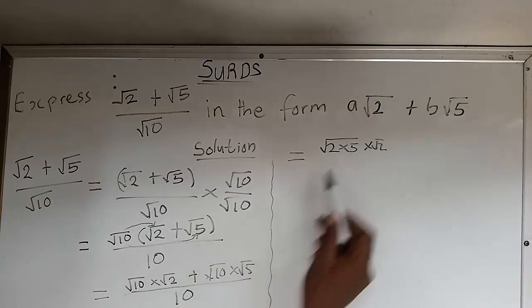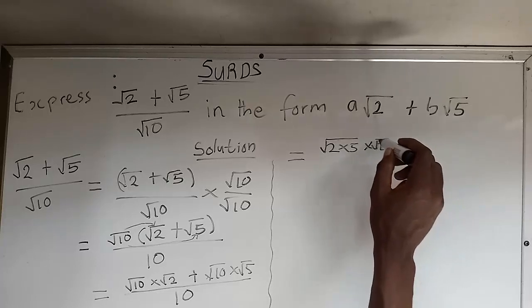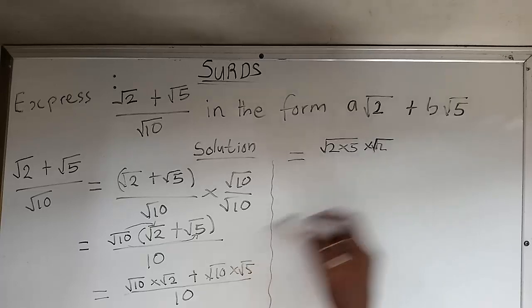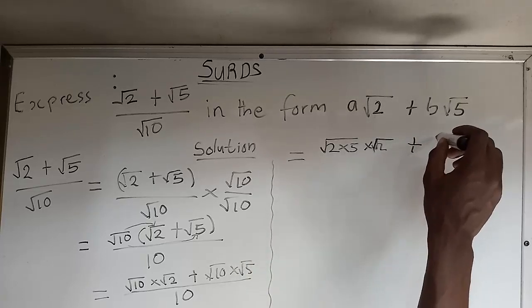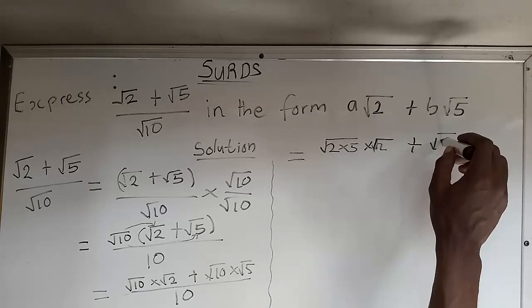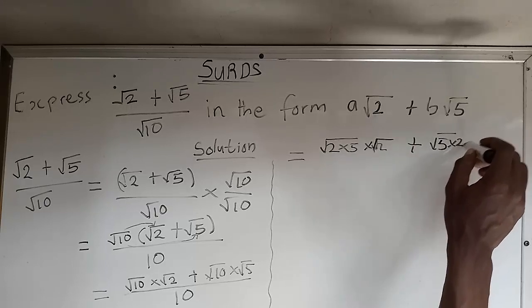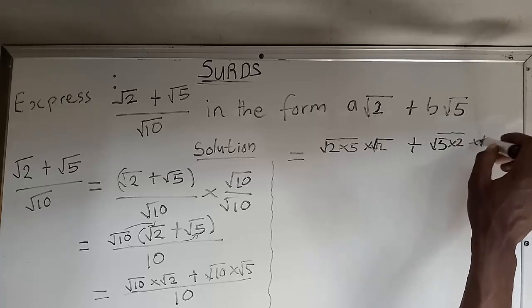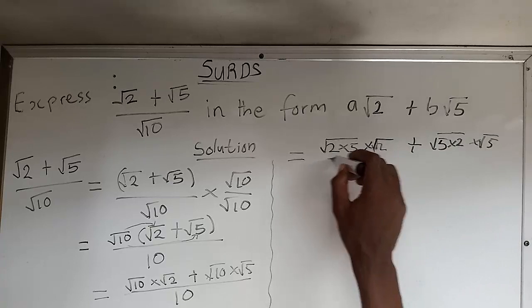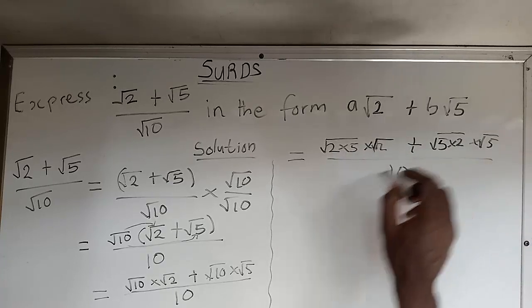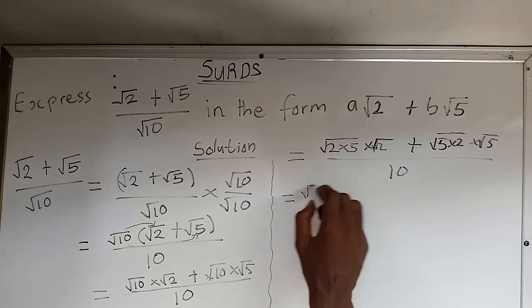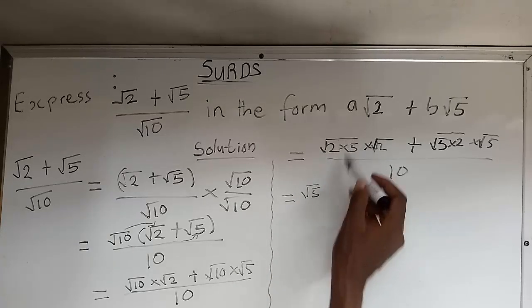So the root 10 has now become root 2 times 5. Then we also have root of 10, which is 5 times 2 or 2 times 5, then times the root 5, all over 10. Now this will give us root 5. We split the roots for them.